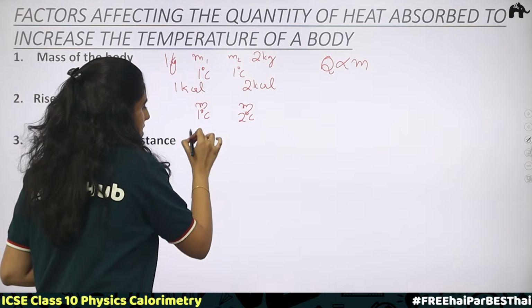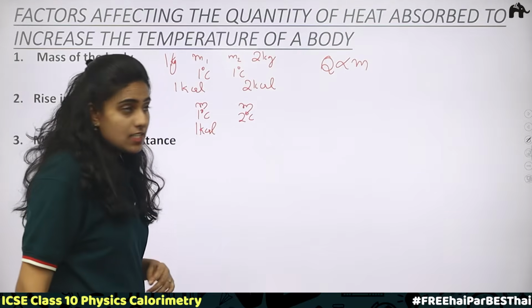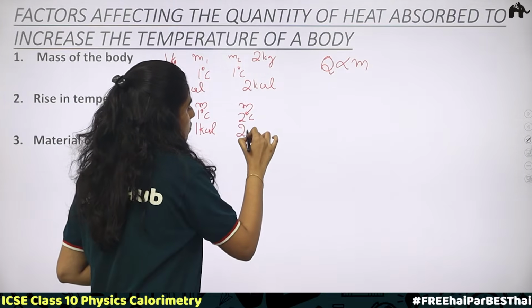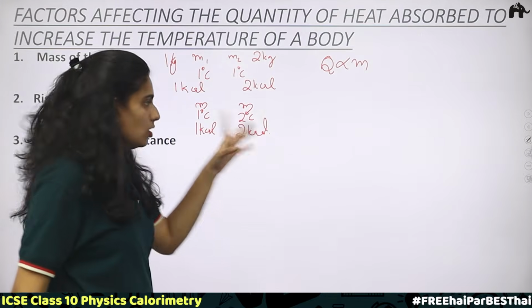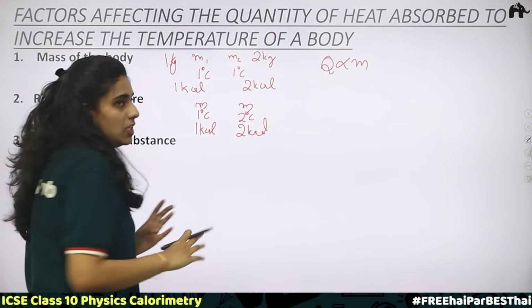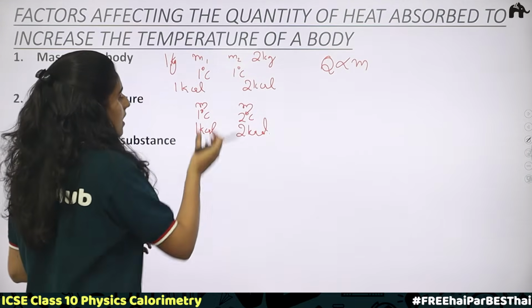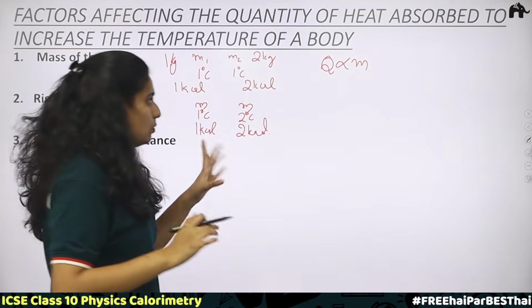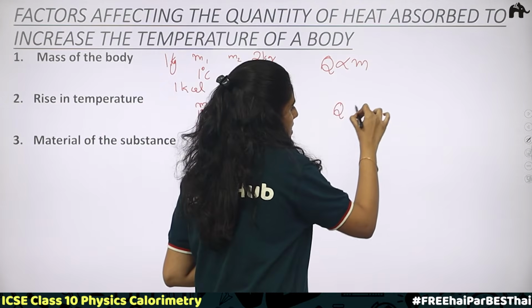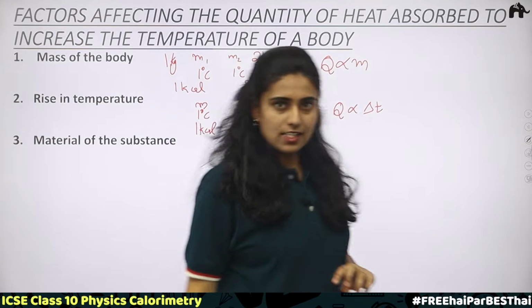Let's say 1 kilocalorie is the heat energy absorbed here and 2 kilocalorie here. Again, you can see that when the rise in temperature increases, the heat energy absorbed will also increase, which means heat energy is directly proportional to the rise in temperature or change in temperature.